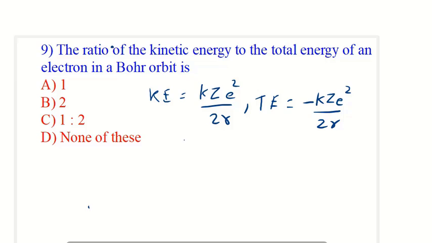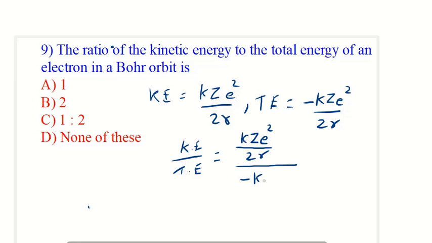So we need to find the ratio of KE versus TE. In both cases all the terms are the same, so this entire expression cancels out and we are left with 1 upon 1, which is actually 1. We don't write the negative sign, so the only option left is this one. So 1 is the answer for this case.